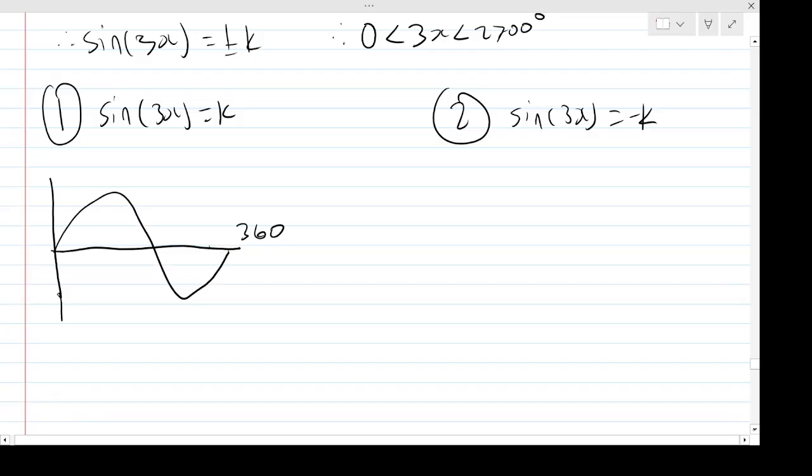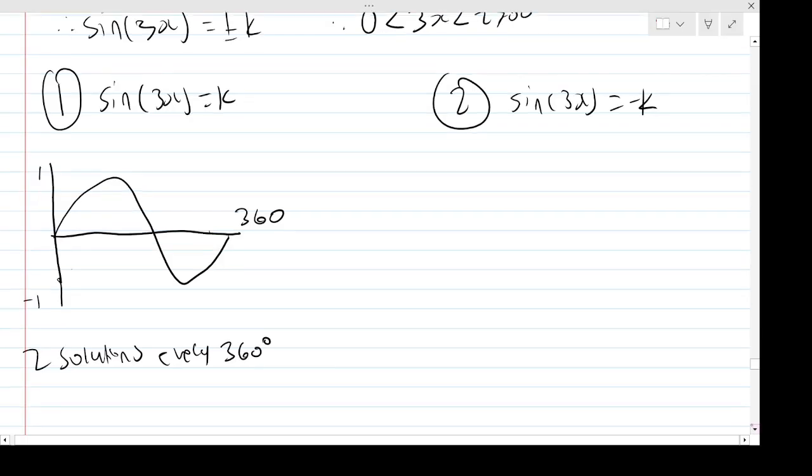We already discussed that if we have 1 up here and minus 1 there, if k is positive, there are two solutions every 360 degrees. And likewise if it's negative, so two solutions every 360 degrees.